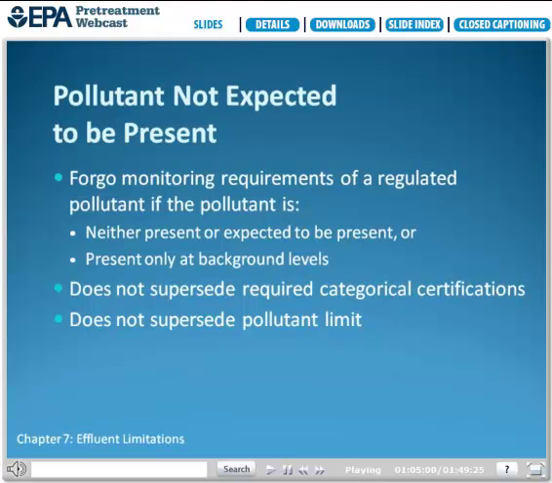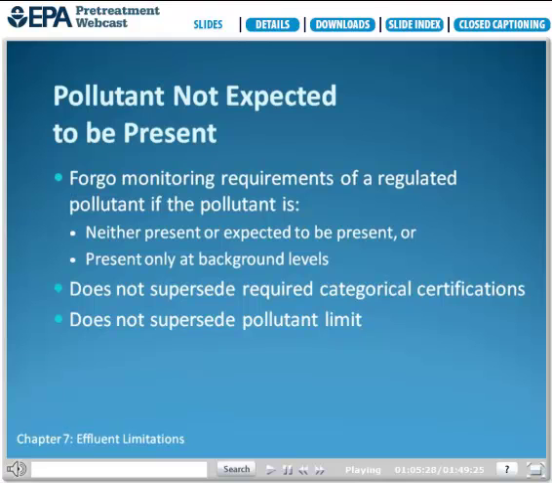Where the program has included this provision, the control authority has the option to authorize a CIU to forego sampling of a pollutant if the user can demonstrate through sampling and a technical evaluation of the facility's operation that a given pollutant is neither present nor expected to be present in the discharge, or only present at background levels.